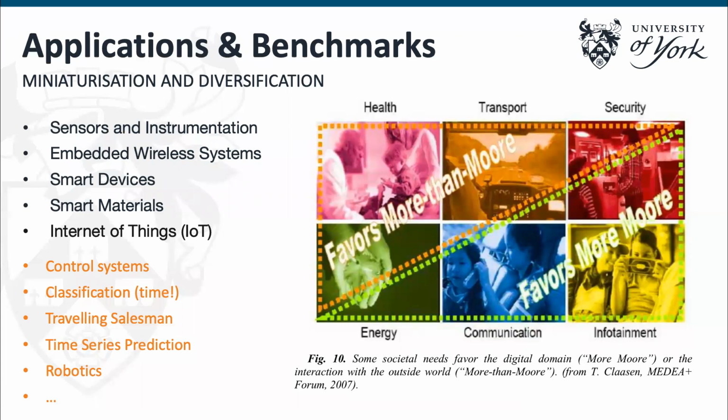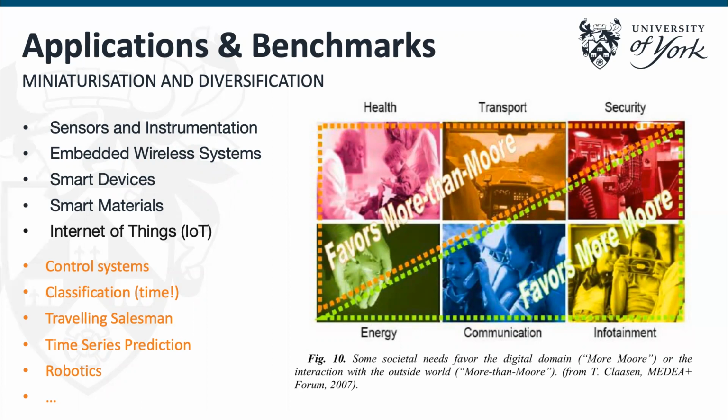Yeah, so all of our applications which are not number crunching in a data center have to do with interfacing with the real world, with people, or solving some problem. So you have these different areas where you can create sensors, embedded systems, smart devices, and all of these things. So health, transport, security, energy, communication, infotainment, and so on.